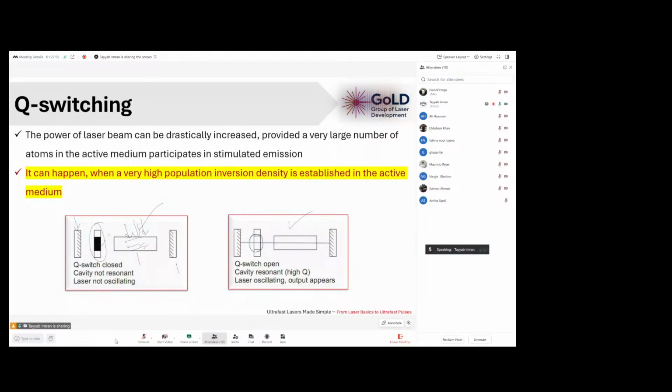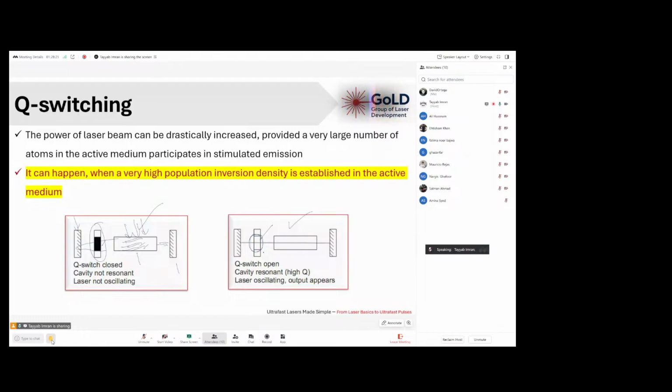We just block the way of the laser photons to oscillate in the cavity. We block it, but the inversion is building up because pumping is not stopped. So we block it for a short interval of time, and then we open it.